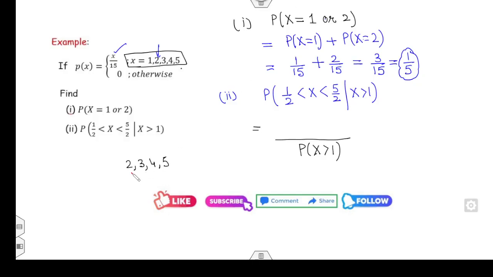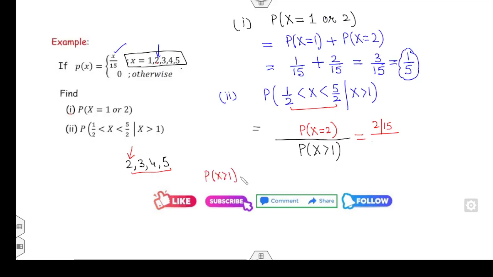Out of these four numbers, look at that, which satisfies this condition? Only 2. Fine, only 2 will satisfy this, so the upper value is only 2. Now what is the answer of x is equal to 2? x is 2 is 2/15, and what does x greater than 1 mean?